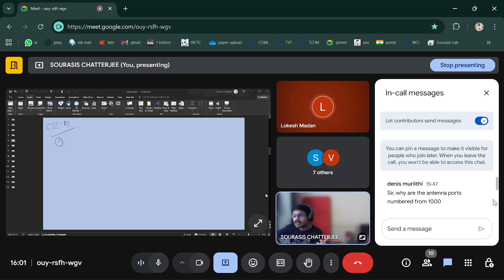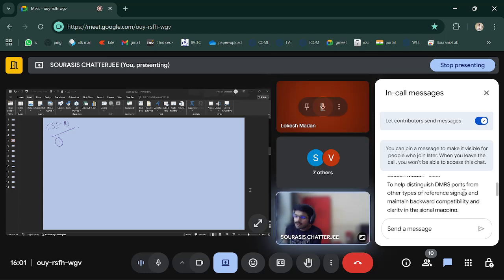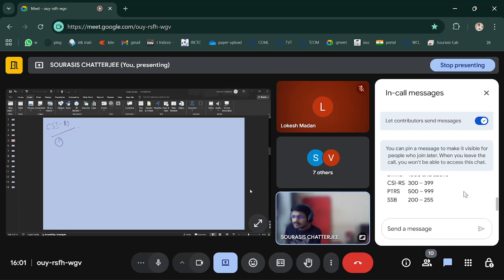The numbering is defined in 3GPP, so it's more like a standard issue apart from some key concept behind it, right? Okay, fine. I'll look at it in more detail and get back to you.